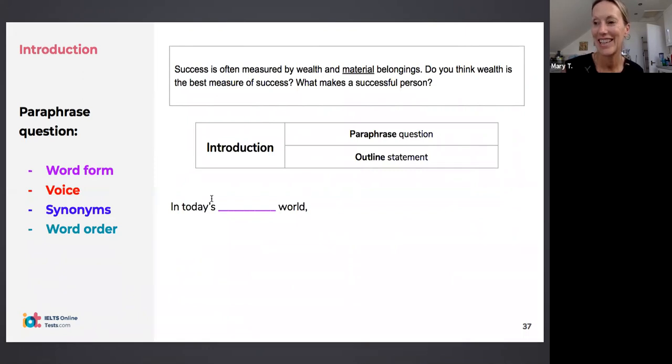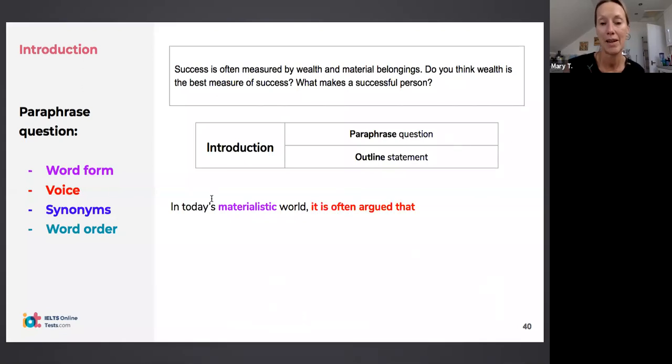Good. Yeah, thank you, Indurthi. Unfortunately, I haven't got time to read it at the moment because I'm doing the webinar, but at the end, we can probably look at what you've written. So in today's, another word for material that's similar. And it's actually also an adjective, materialistic. Good, Vicky, well done. It's in today's materialistic world.